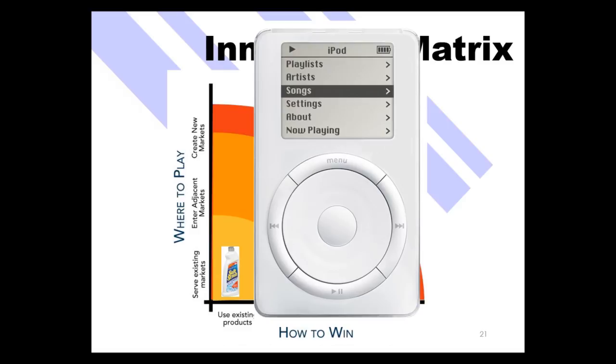In fact, the iPod was clearly the product that put Apple back into play. It was an amazingly successful product. The farther out you can get on that innovation matrix, with new to the world products for new markets, the more successful you might be.